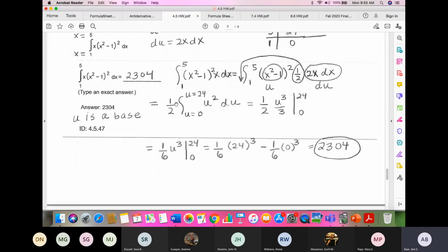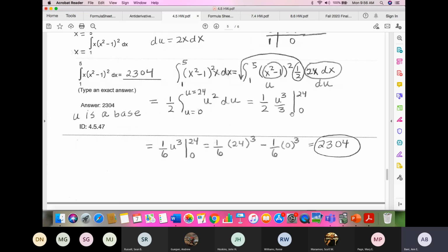This is easy to integrate, but first we want to write down the 1/2 and integrate the rest. U squared, we're integrating, so we want to add 1 to the exponent. So we get u to the 3rd now, 2 plus 1 is 3. And then we want to divide by that same new exponent, which is 3, and we want to evaluate from 0 to 24.